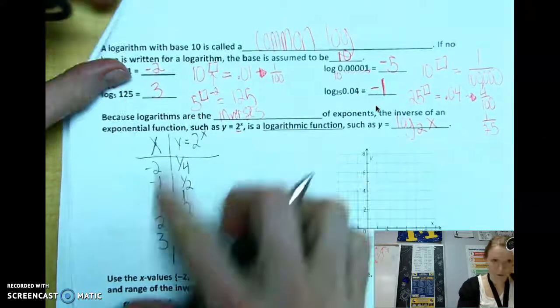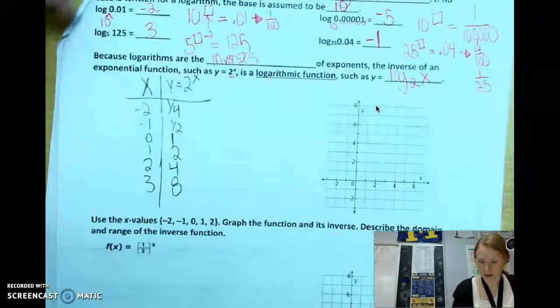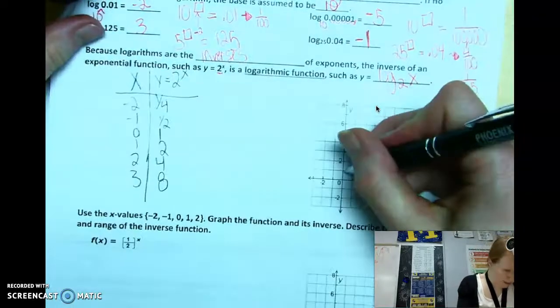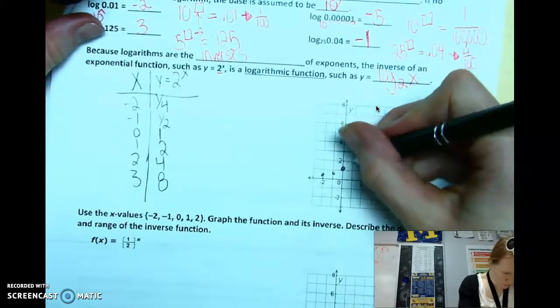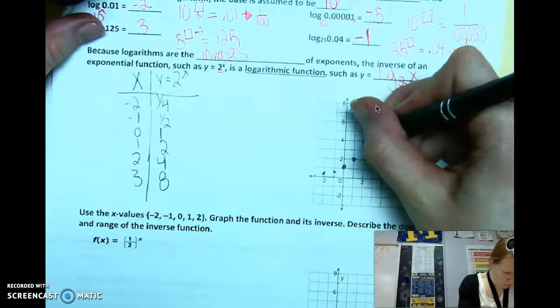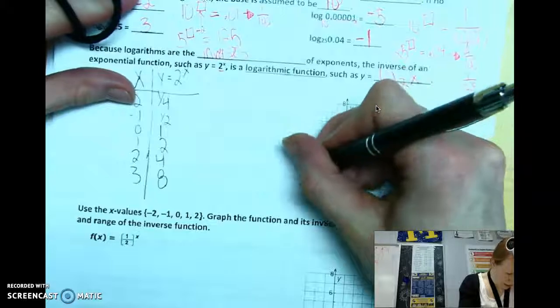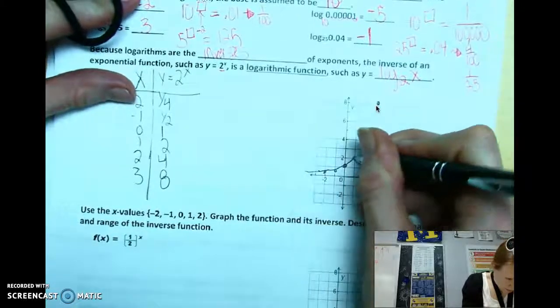We already have the work shown in 7.1, so if you're curious, go back and look. Let's graph our exponential function real quick. And then we're going to show you the inverse.